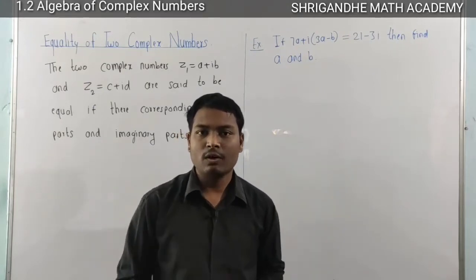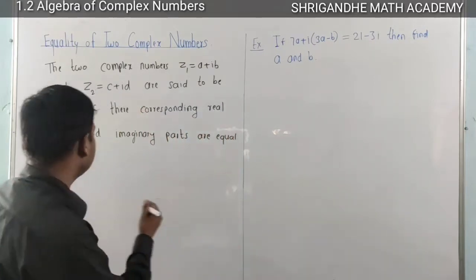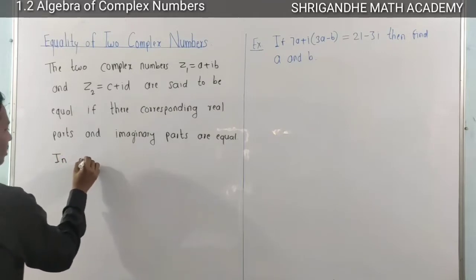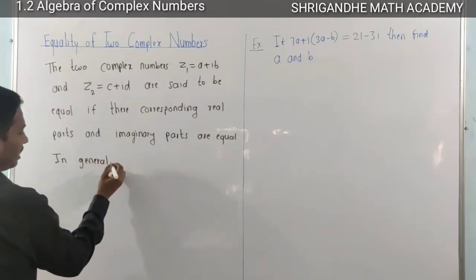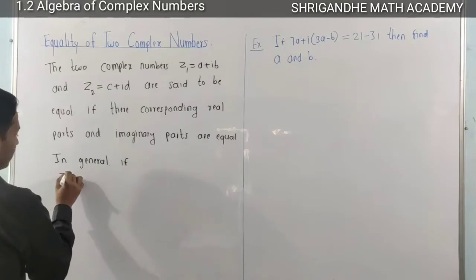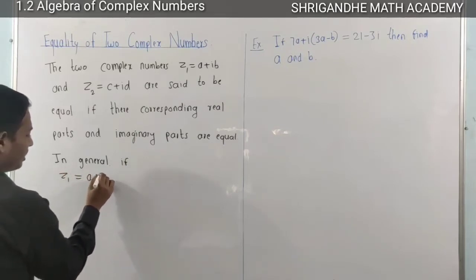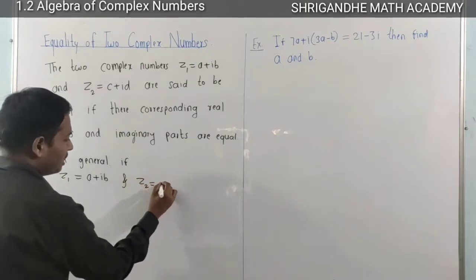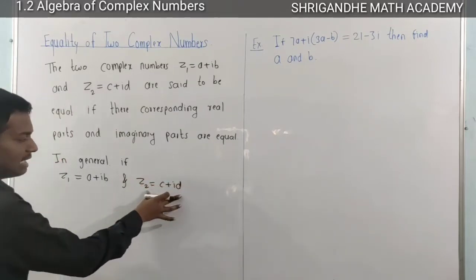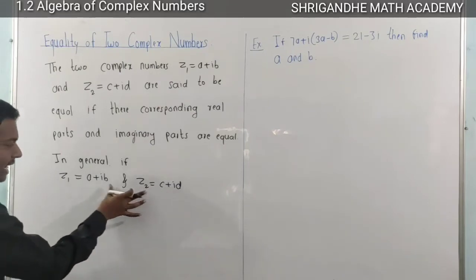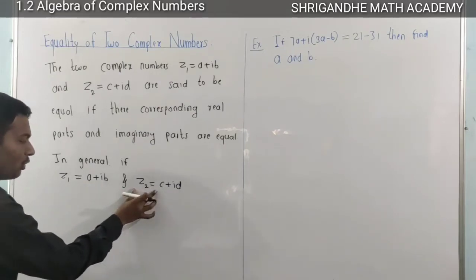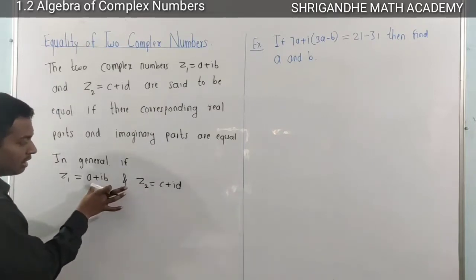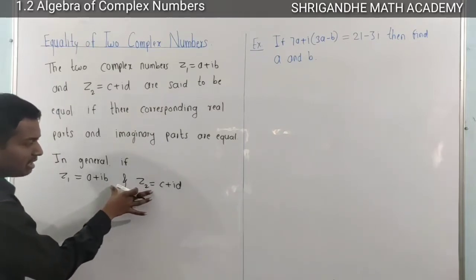In general, if Z1 equal to a plus ib is the first complex number and Z2 is equal to c plus id is the second complex number, then we say that Z1 is equal to Z2 if the corresponding real parts and the imaginary parts are equal.